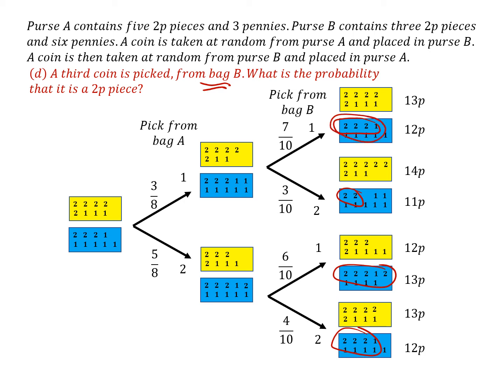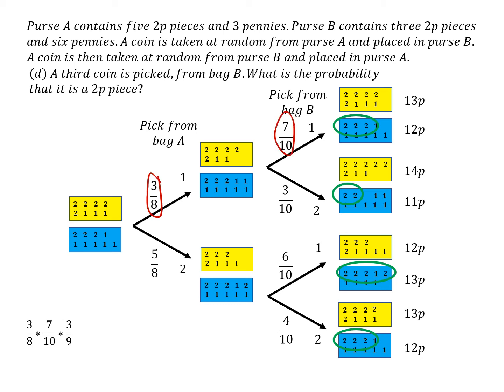The probability of picking a 2p piece there is 3/8 times 7/10 times 3, because there's 3 2p pieces, divided by 9, because there are 9 coins.